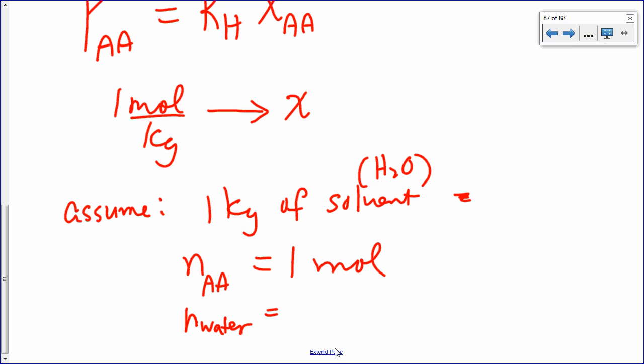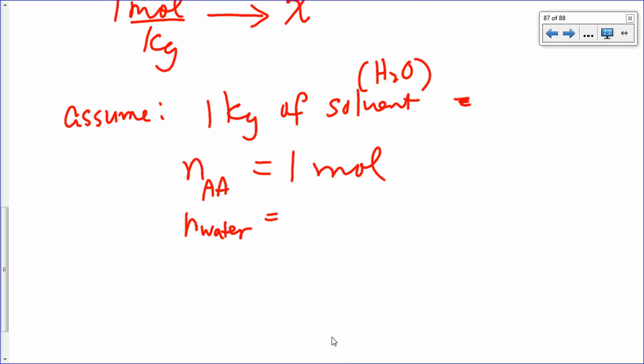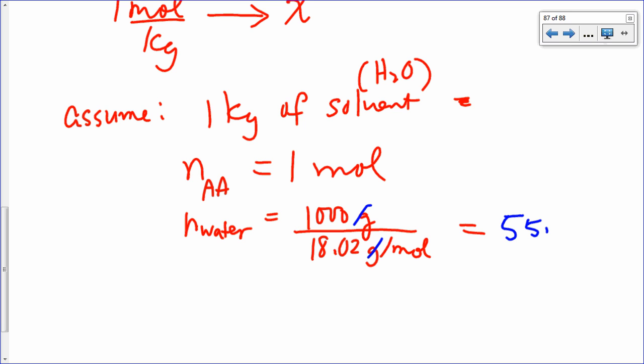If I have a kilogram of water, how many moles is that? 1,000 grams divided by 18.02 grams per mole, right? What's 1,000 divided by 18? 55.5 moles. So what's the mole fraction of acetic acid?